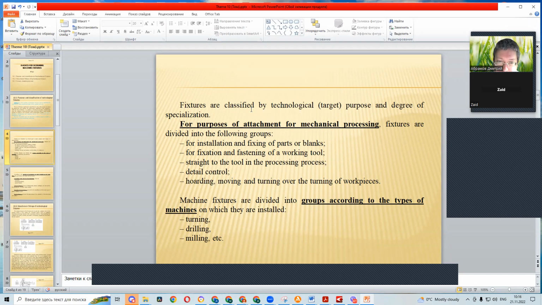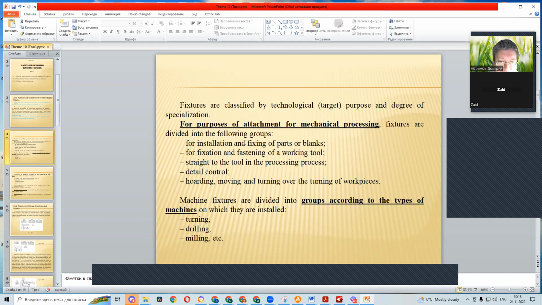For purposes of mechanical processing, fixtures are divided into the following groups. For installation and fixing of workpieces. For fixation and fastening of the working tool. Guiding the tool in the processing process.